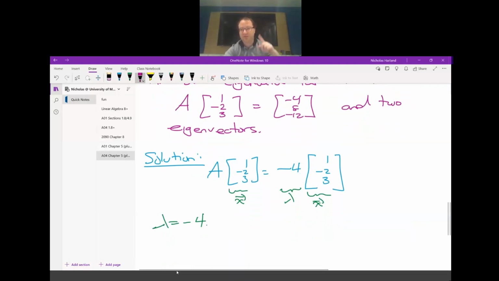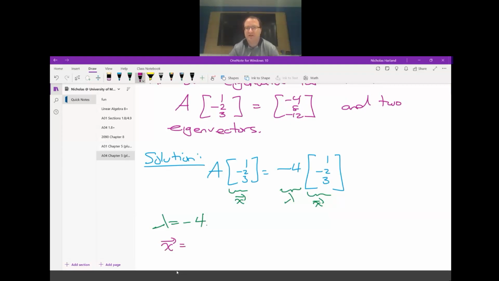All right, so there should be one obvious eigenvector of A corresponding to this -4. The question asks for two, so we can talk about a not so obvious one. But what should be one obvious eigenvector in this question?